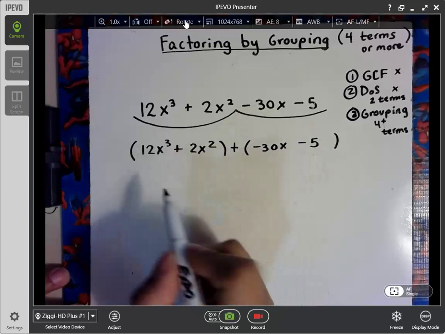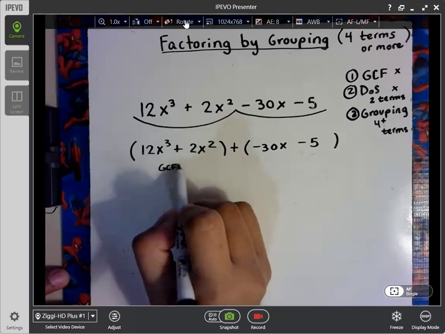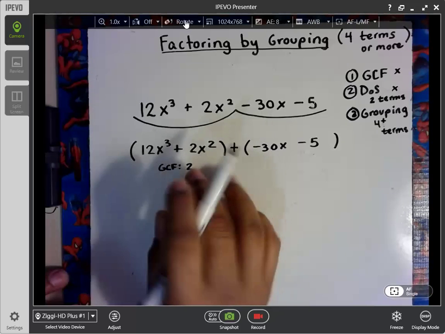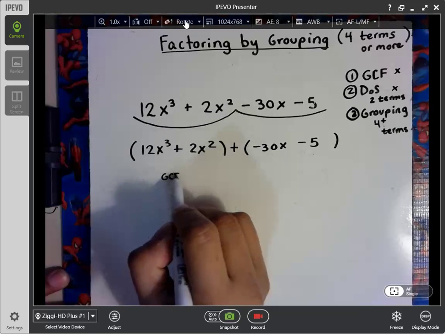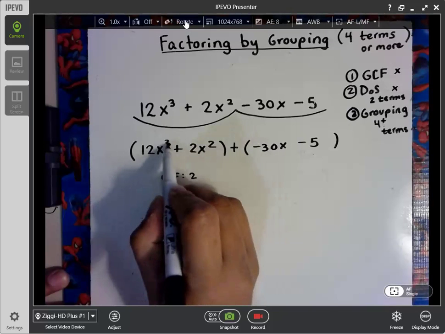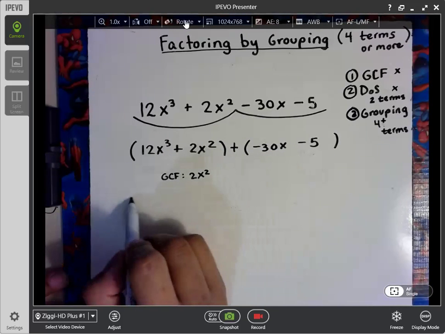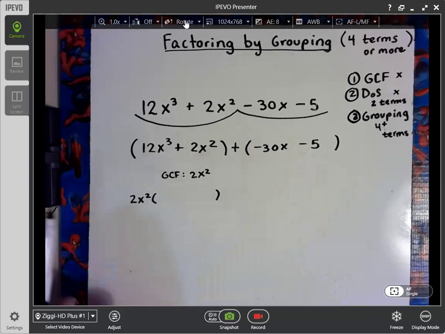And what we're going to do now is we're going to do GCF factoring. So when I look at these terms between the 12 and the 2, I can pull a 2, and x cubed and x squared, I'm pulling x squared. Alright, so the 2x squared goes outside, and I have to figure out what goes in here.